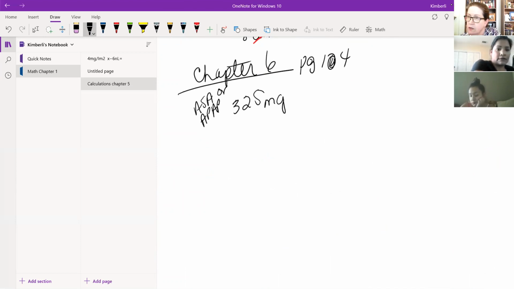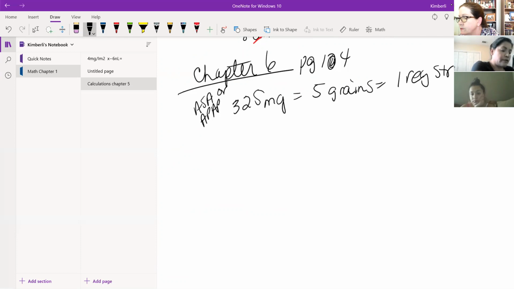The generic name of Tylenol is acetaminophen, but in Europe it's paracetamol, so that can be confusing too. Just aspirin or Tylenol, 325 milligrams is 5 grains, which is 1 regular strength tablet. So the extra strength is going to be 500 milligrams, which is 10 grains.